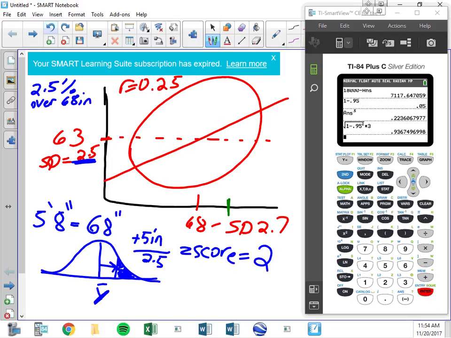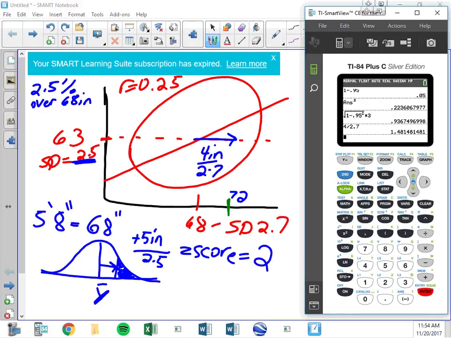So we're going to go over here to 72. How far to the right did I go? 4 inches, which is 4 divided by 2.7 is 1.48. That's SDs. So I would go up 1.48 SDs times the R value. So times 0.25. So I'm actually only going up 0.37 SDs.